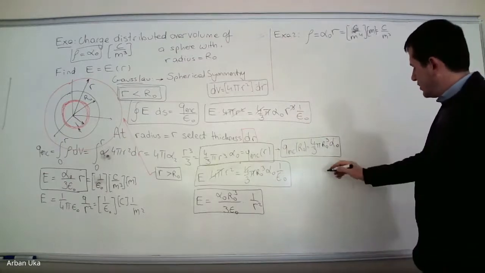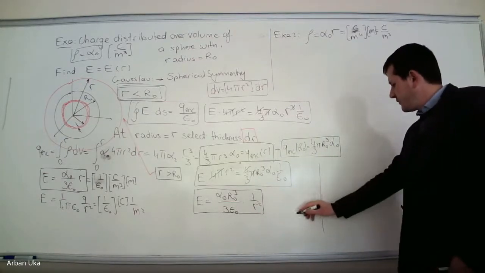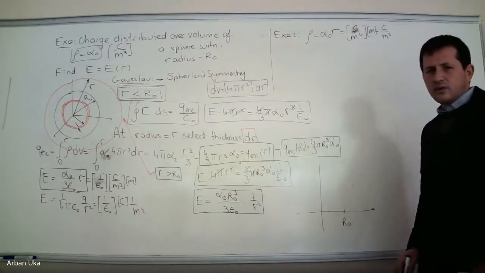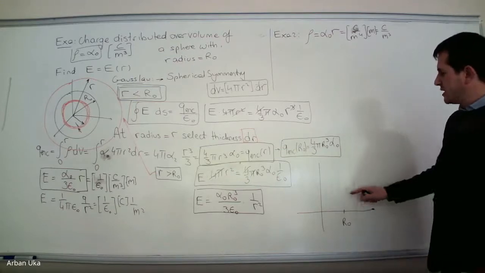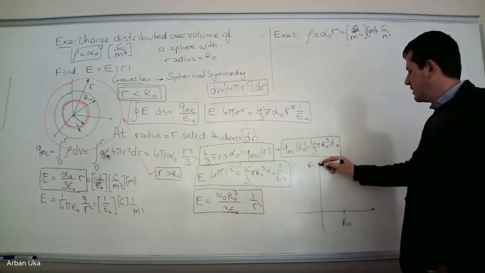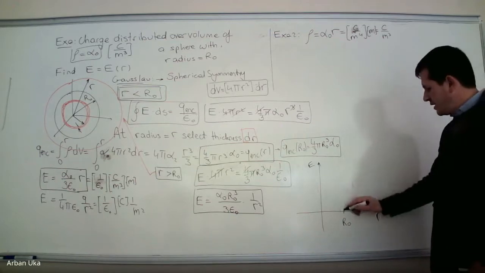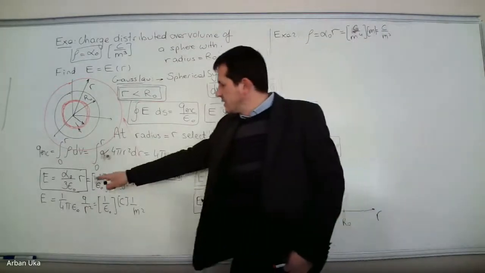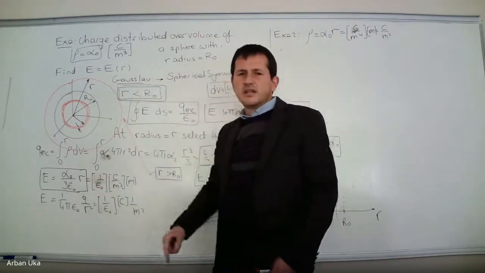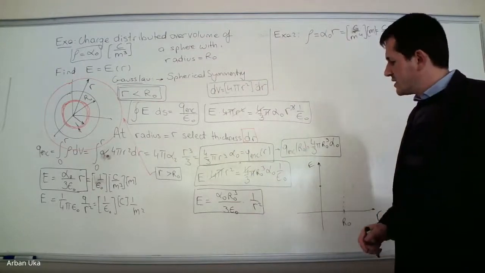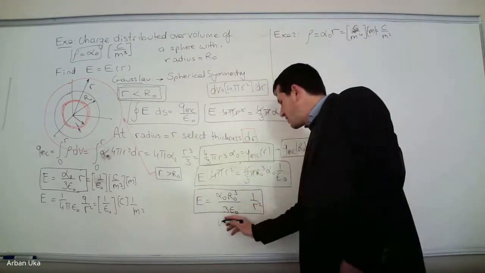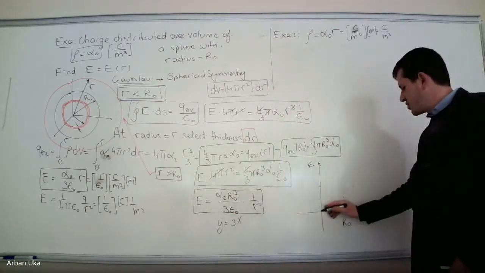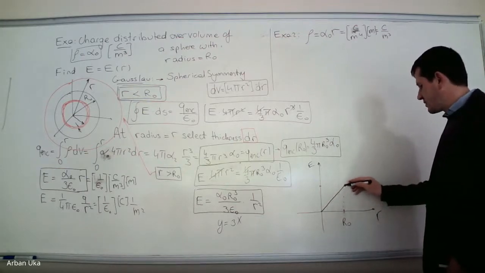If we are to plot the graph as a function of the radius, let this one be R0. A good homework for you would be to try to visualize how the electric field changes as a function of radius. Up to some specific value, the electric field increases linearly with the radius, like an expression such as y equals 3x. This is how a linear expression changes, and then the electric field goes like this.